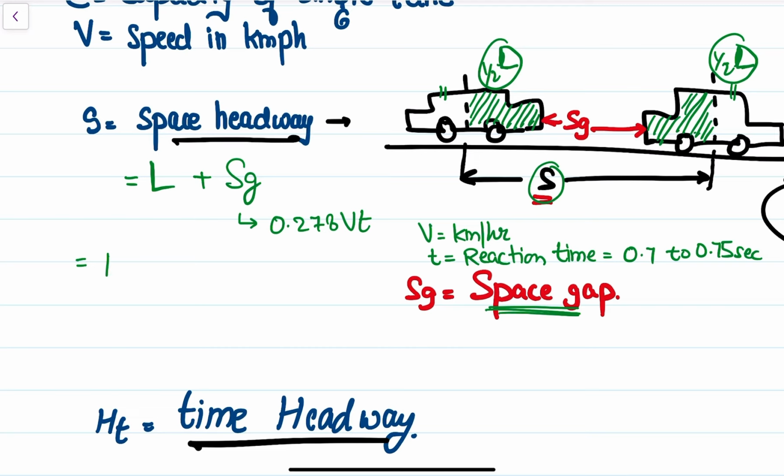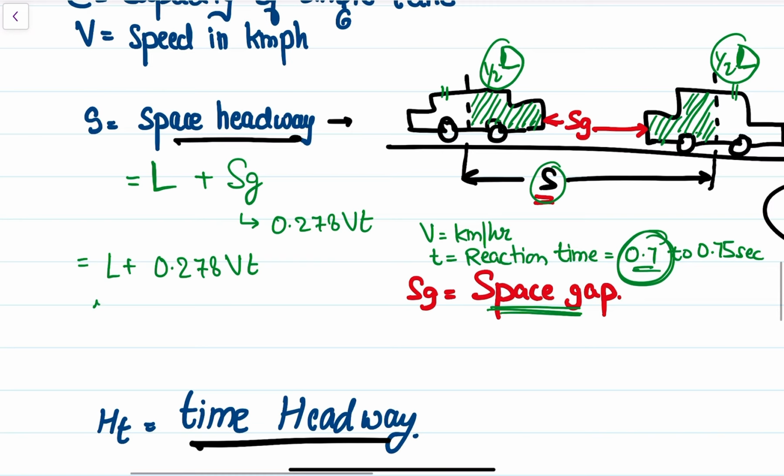Okay, so your space headway is equal to L plus 0.278 V into T. Now T is conventionally taken as 0.7 seconds.